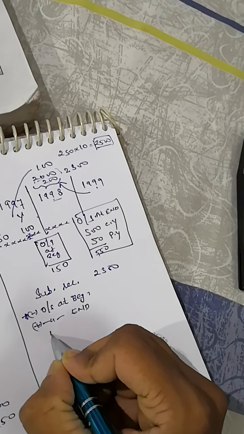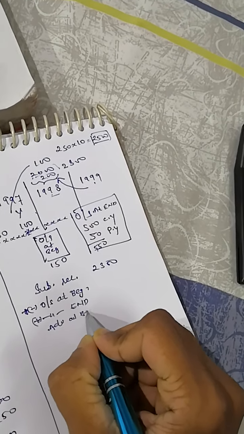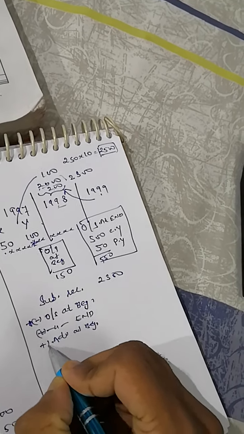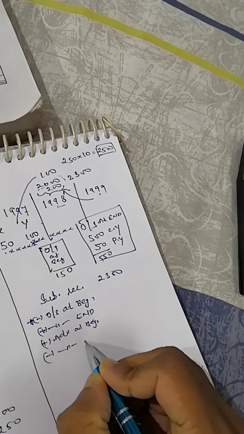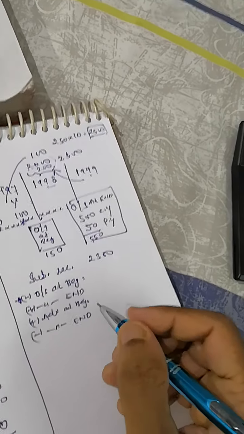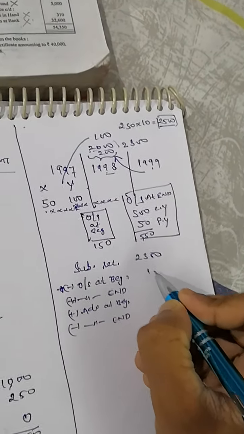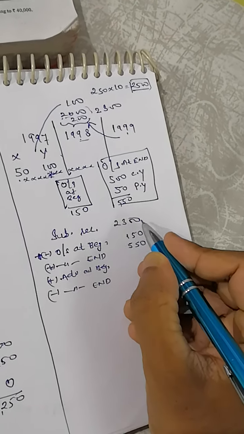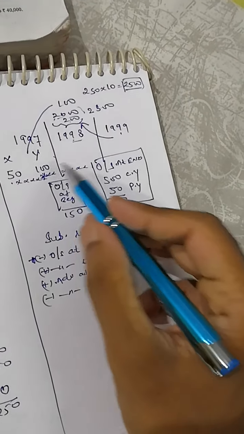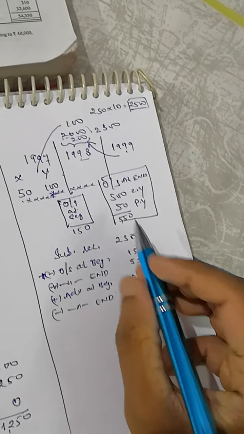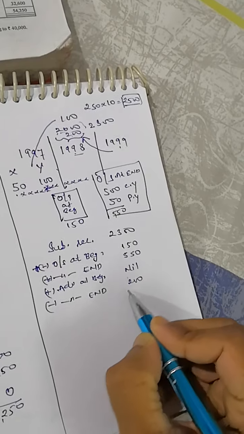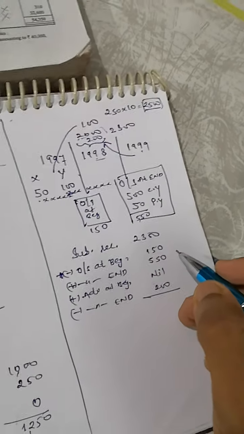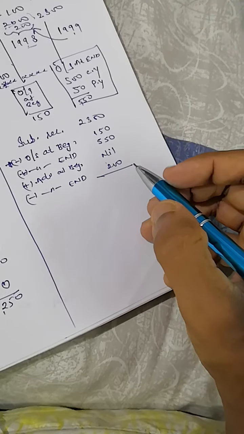Then advance at beginning, minus or plus, plus, and then advance at end. So at the beginning we have 150, at end we have 550, and beginning advance, no advance is given, but here 200 is received.